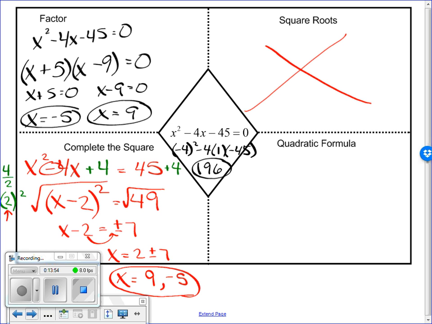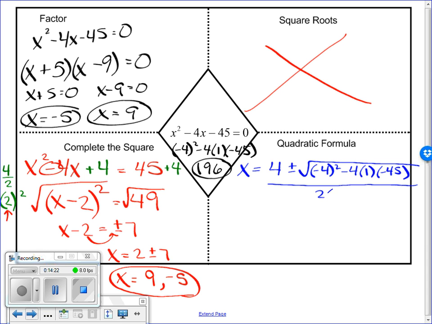Quadratic formula? Can I use that method? Yeah, you can always use quadratic formula. Good. This is one that you want set equal to 0, which the original problem actually was for us. So x equals negative b, positive 4, plus or minus square root of b squared minus 4 times a times c, all over 2 times a.